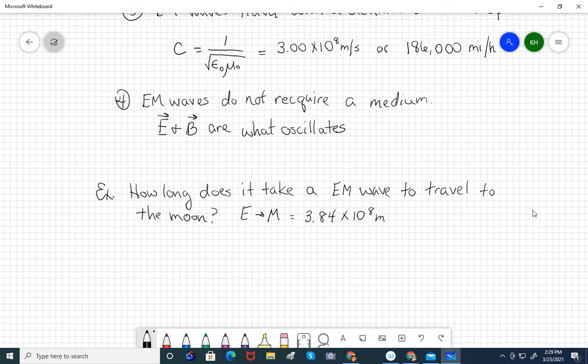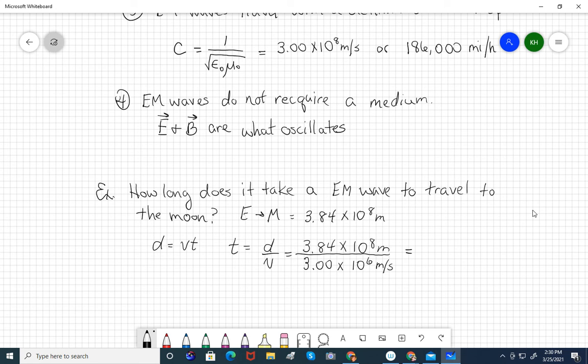How long would it take to travel that far? Well, you know that distance equals velocity times time. That's the simplest if you're going at a constant velocity. So the time is simply the distance divided by the speed. 3.84 times 10 to the 8th meters over 3.00 times 10 to the 8th meters per second.